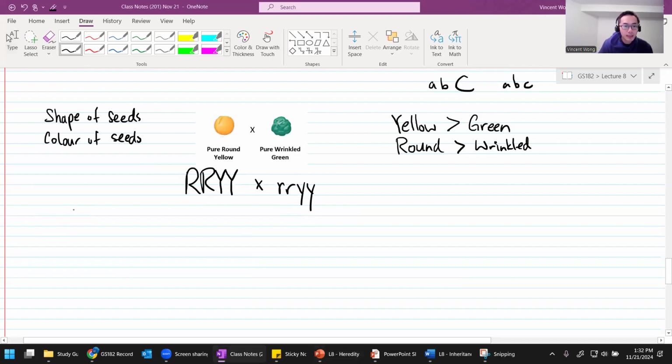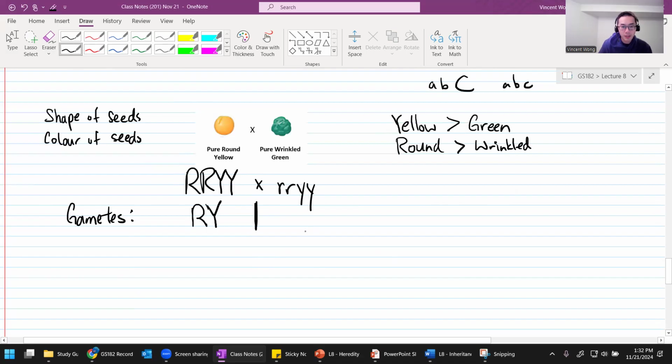So let's write down the gametes. What would the gametes be for this pair? Well, we really don't have much choice, right? It's the big R only and then the big Y. So that's the gamete.